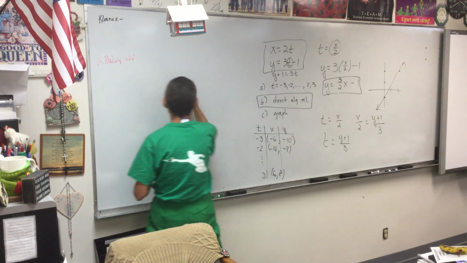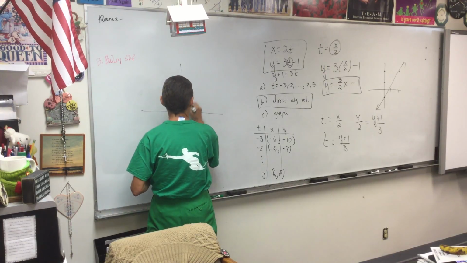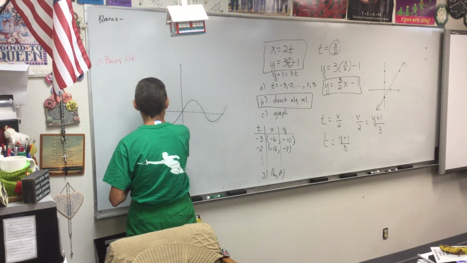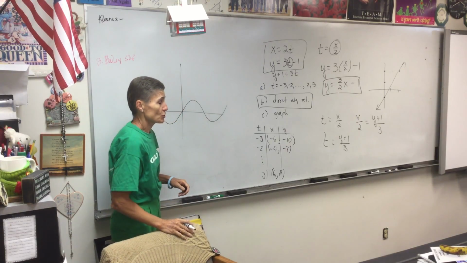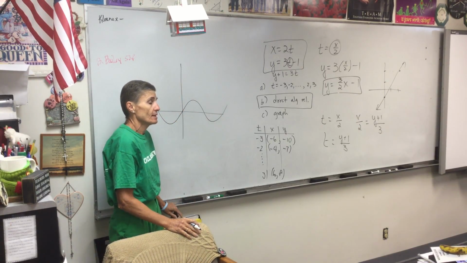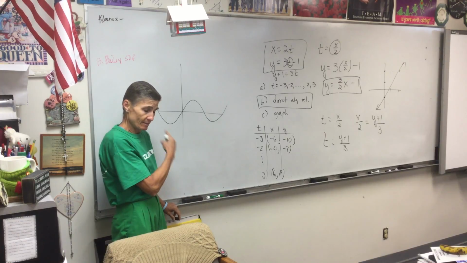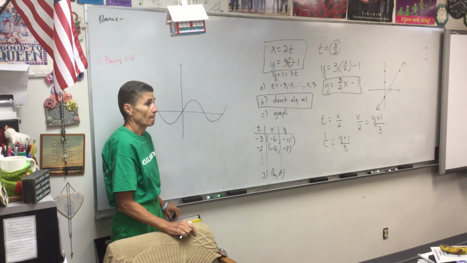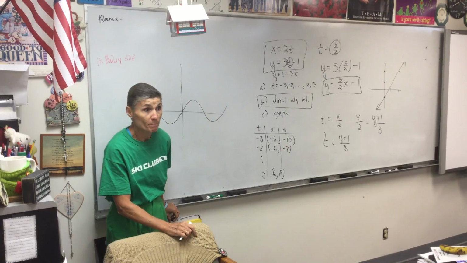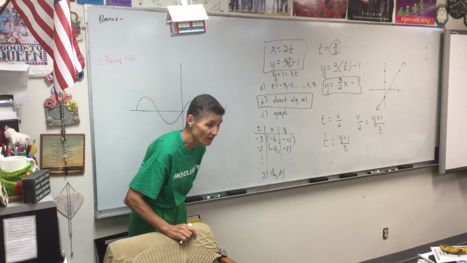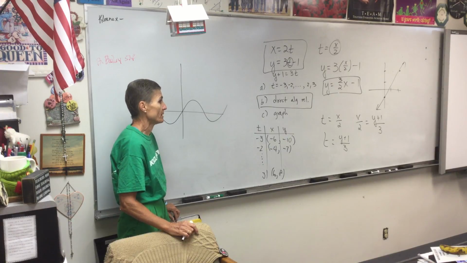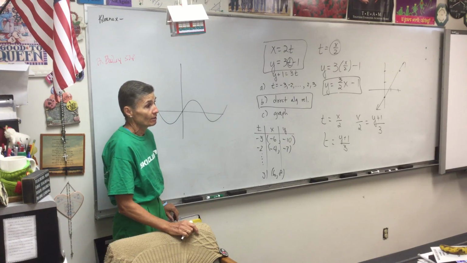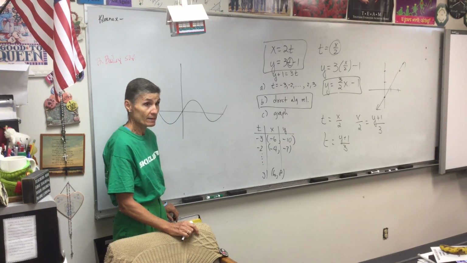Now let's go through the questions. Is this a function? Yes. Absolutely, it's one of our BFF, basic family of functions. We can tell something is a function because it passes the vertical line test, right?